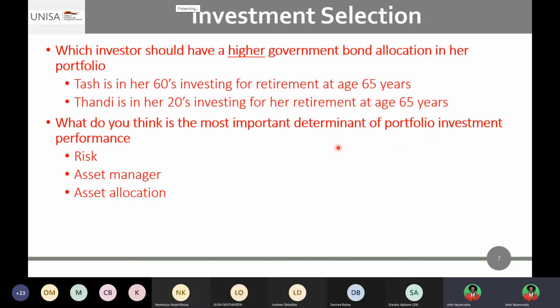Okay? I'm talking too much. I have to ask you a question. Which investor should have a higher government bond allocation in a portfolio? Now we are trying to apply what we are learning. Because I don't want to meet you one of these days, ladies and gentlemen, saying you did investments, but you don't understand the issue of risk in a portfolio, what assets should be in a general portfolio for your own retirement benefits, or when you are getting older, or when you are young.